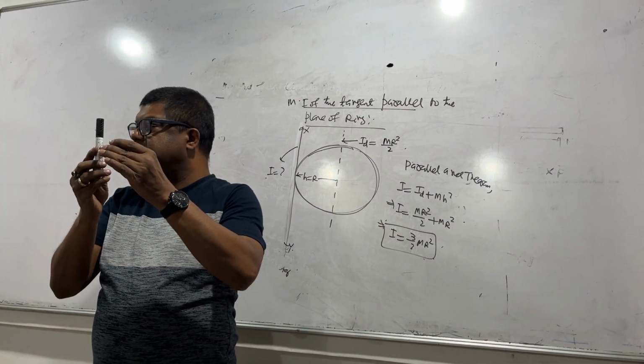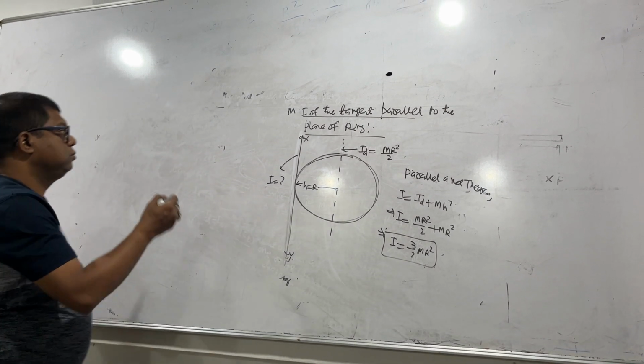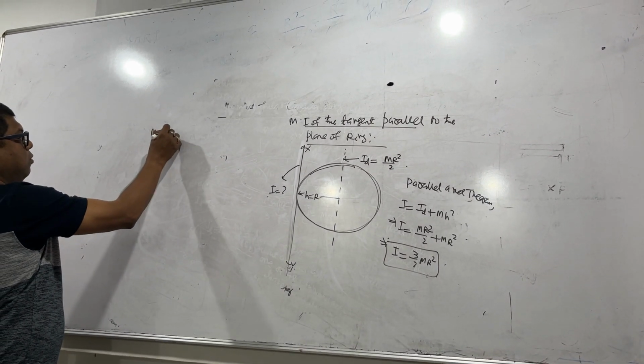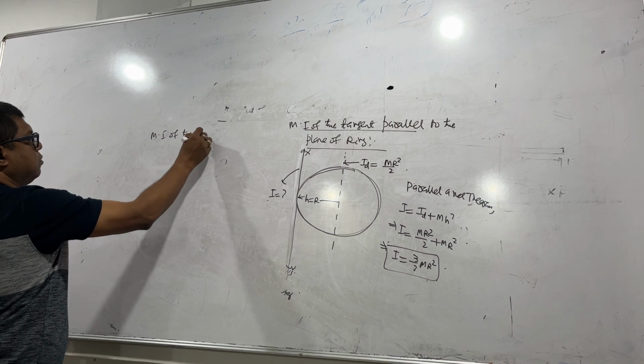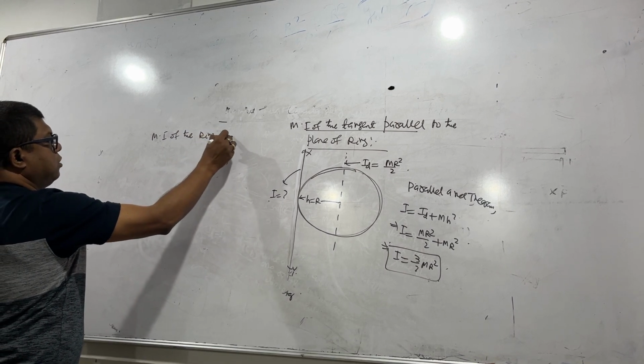Perpendicular to the plane of the ring. This is the moment of inertia of the ring about the tangent.